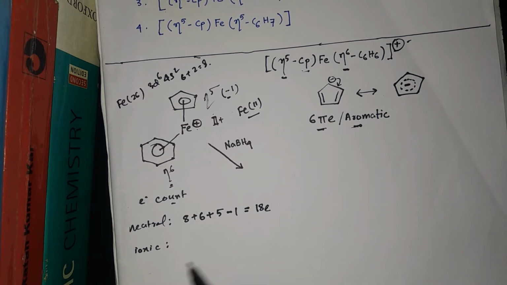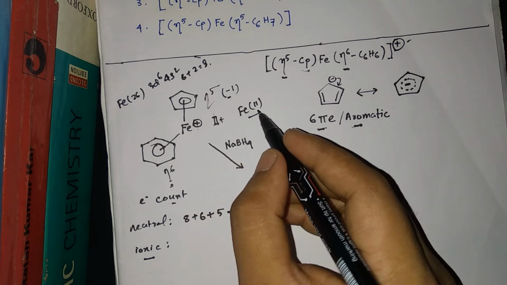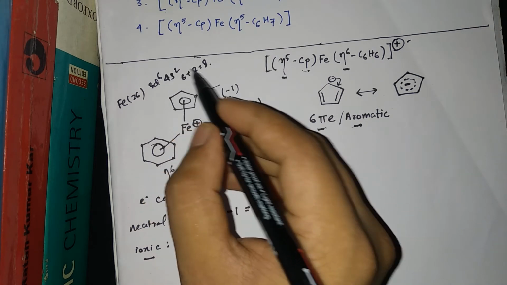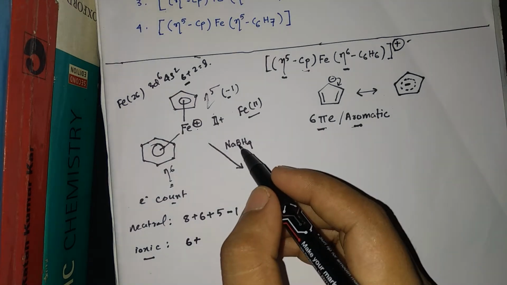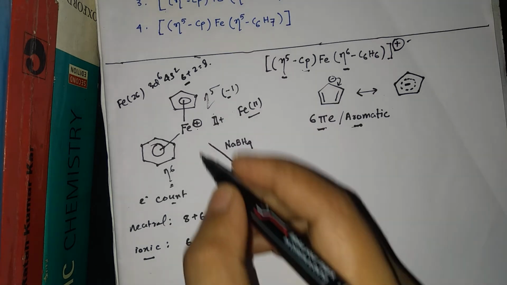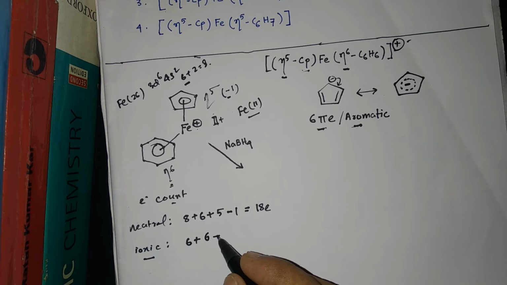And in the ionic method we have to consider the charge on the iron. Iron has a +2 charge, so the 2 electrons from the 4s go out. So 6 electrons remain, and iron will be a 6 electron contributor. After that this eta 6 benzene ring will give 6 electrons, and this Cp ring actually has 6 pi electrons, so in this case we consider it as a 6 electron donor.